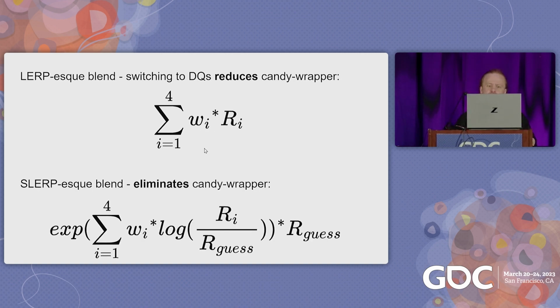If you want to eliminate the candy wrapper, though, you have to use something like this, which you can derive in the same sort of way that you derive the slurp equation that I said earlier. So it's kind of like a slurp-esque blend, but you have to start with an initial guess, which will probably be the quaternion which has the highest weight.